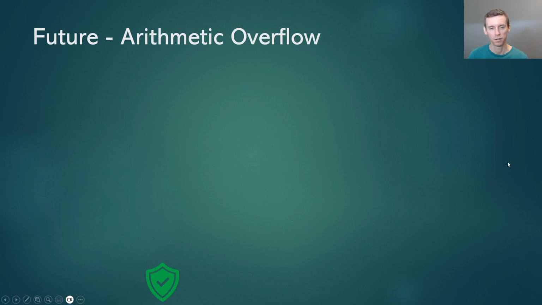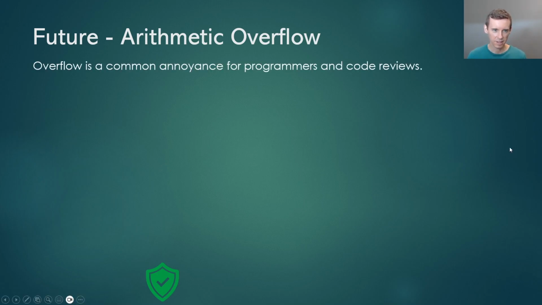All right. Also a future thing, arithmetic overflow. It's a common source of annoyance for programmers and code reviews, primarily with control systems. So in my day job, we build controllers and write C programs for heavy machinery, basically. And if we've got a control loop, we want to be careful.